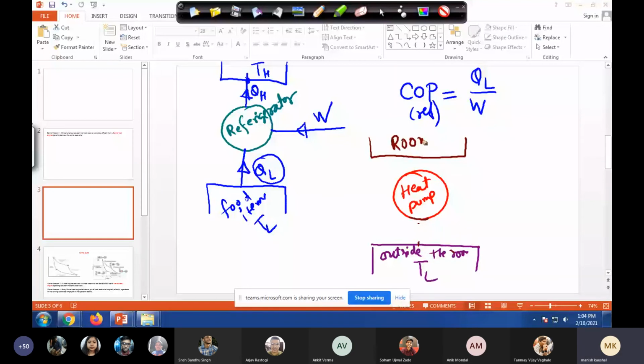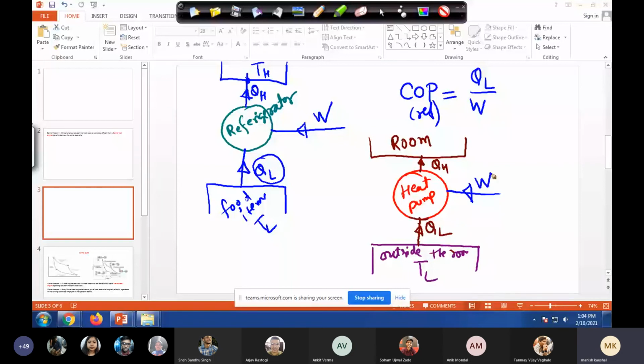If you want to keep our room hot, we want to give heat to our room. So this is QH. And you are extracting heat from the surrounding, which is at lower temperature, TL. So then what do we have to do? Do we have to do work or will we get work? We have to do work. This is W.